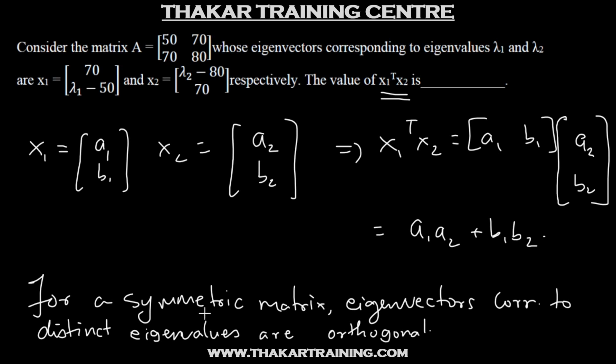So we have two eigenvalues lambda 1, lambda 2, and it is a symmetric matrix. So quite clearly, if x1 and x2 are the eigenvectors corresponding to these eigenvalues, they will be orthogonal. And for any pair of orthogonal vectors, the dot product is always 0. So the answer for this question is 0. The dot product will be 0.